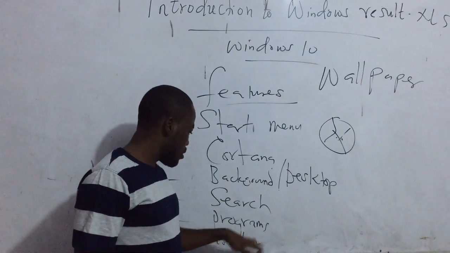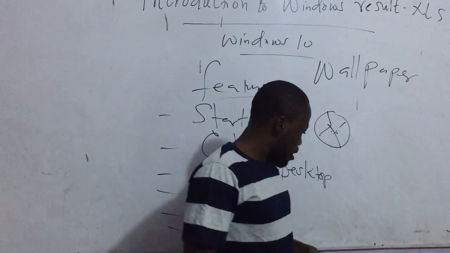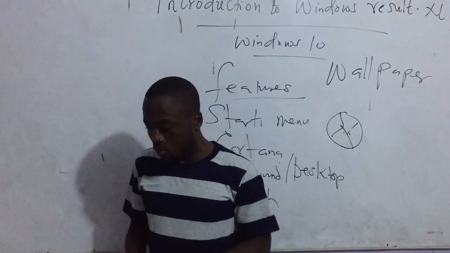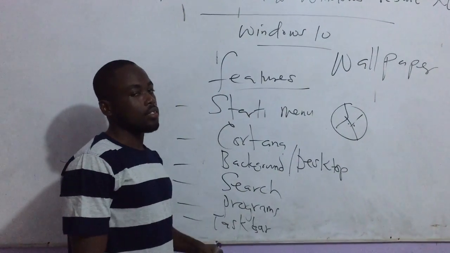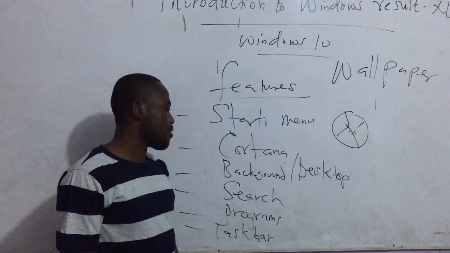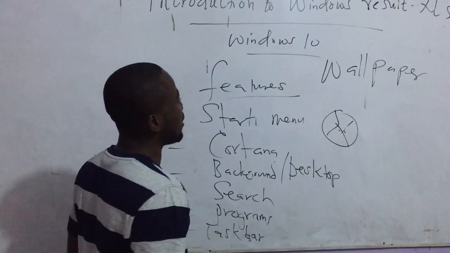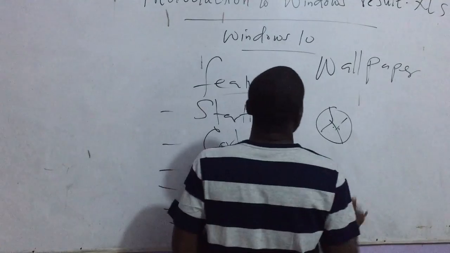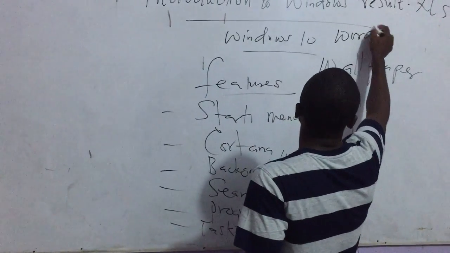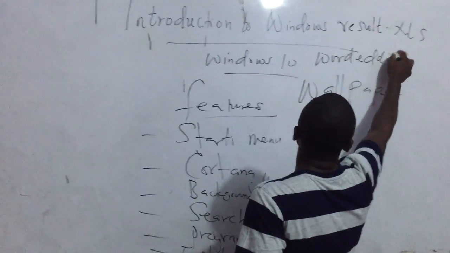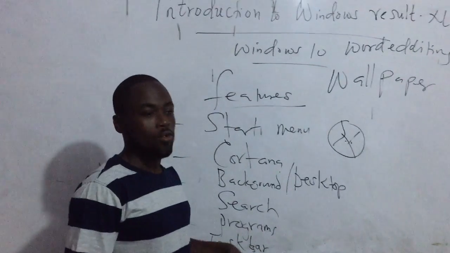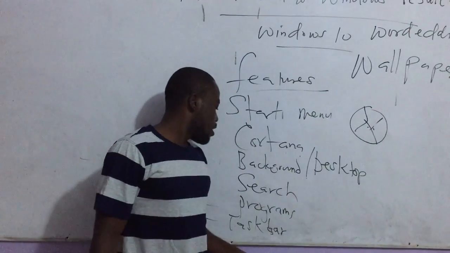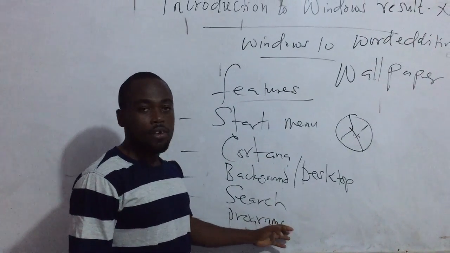Then programs. Programs are apps or software that help the user to perform a task. Example, I need a word editing program. That is for editing your assignment, what we commonly call typing. It's called word editing software, and that is also a program.